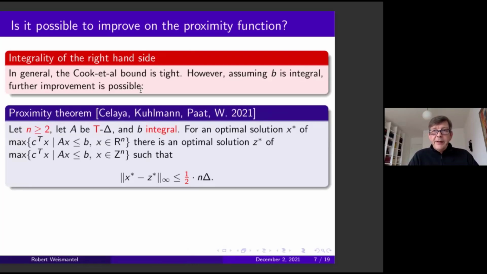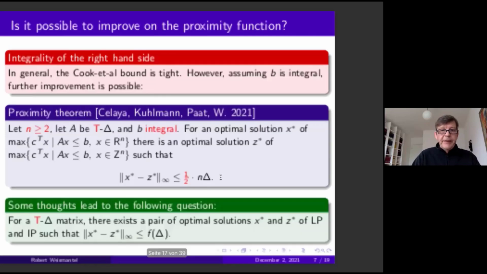The only thing that we so far know is when n is greater or equal to 2, and A is a totally delta-modular matrix, and b is integral, then we can improve on this Cook et al. bound in the following way. Given an LP solution x star, there exists a closest integer point z star whose difference in the infinity norm is bounded by 1/2 times n times delta. So when delta is 3, we can do better, but in general, we so far can't do better.